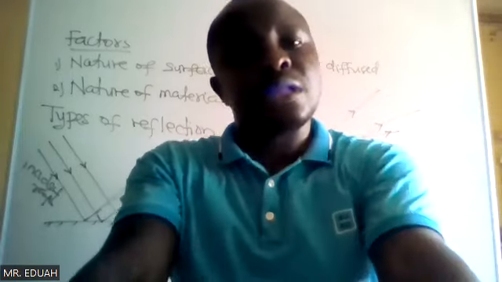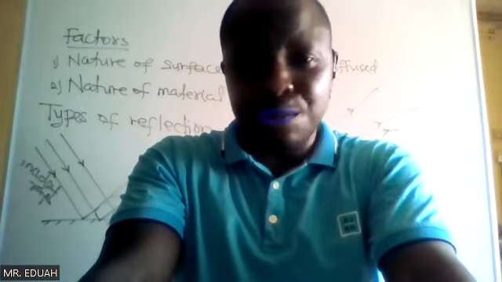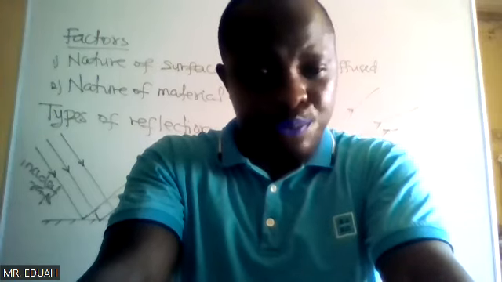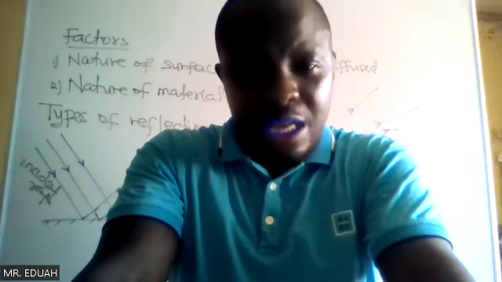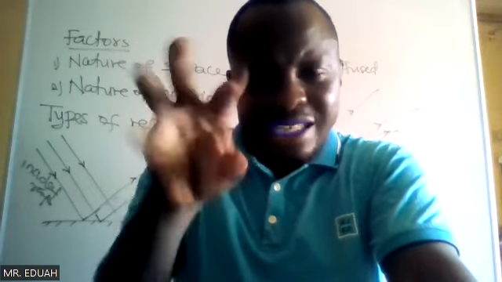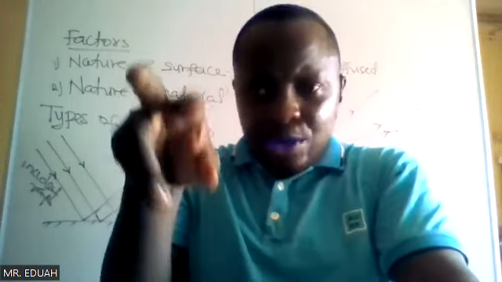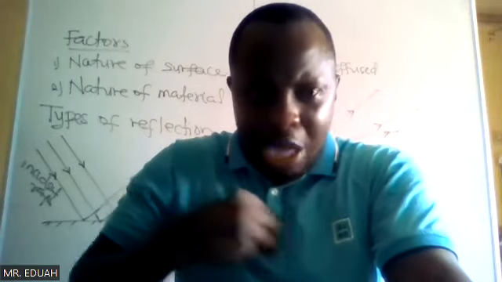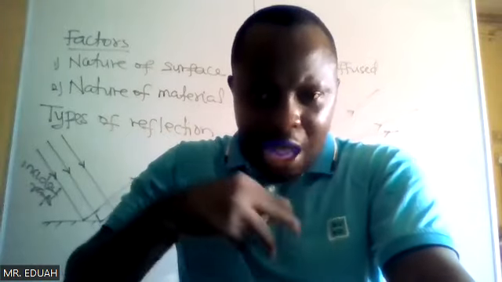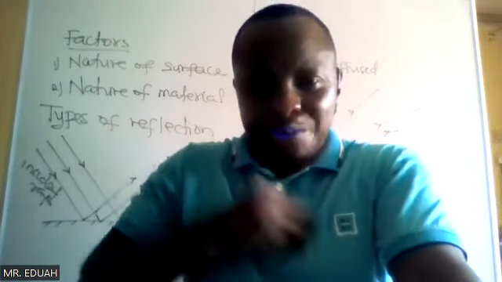Then we talked about characteristics of images formed in a plane mirror. If you look at yourself in the mirror, how does the image of you look compared to you, the object? What you see in the mirror is the image, and you are the object.